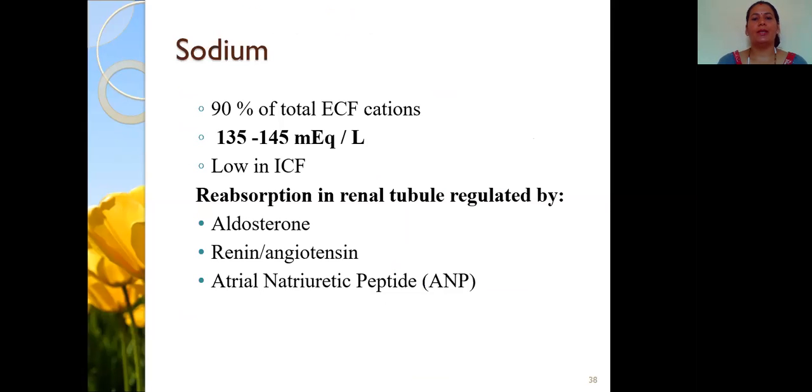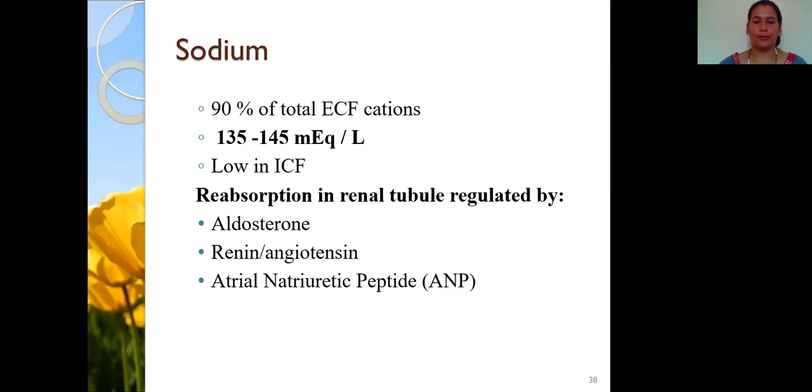Sodium makes up 90% of the total extracellular fluid cations. Its normal value is 135 to 145 mEq per liter, and it is low in intracellular fluid. Reabsorption in the renal tubule is regulated by aldosterone, renin, angiotensin, and atrial natriuretic peptide, ANP.